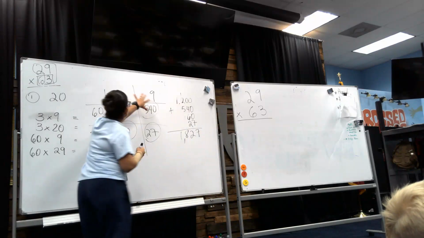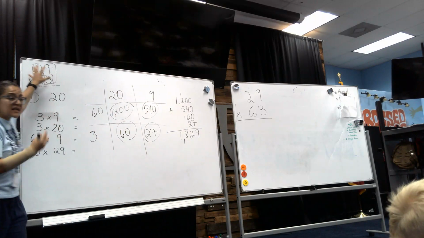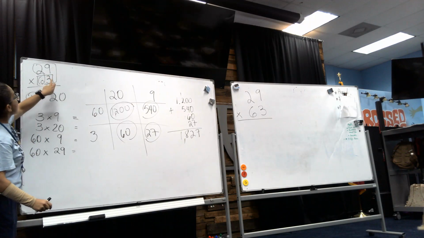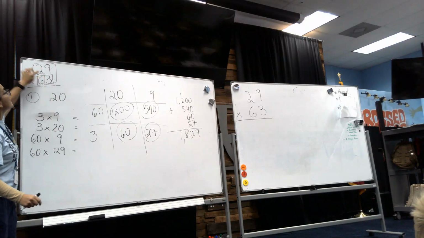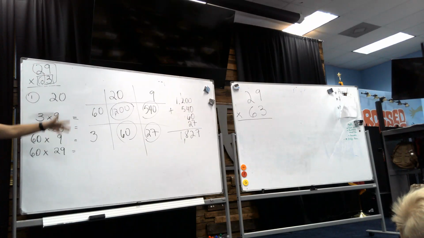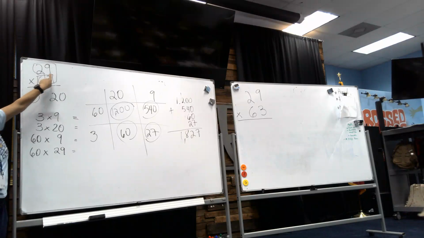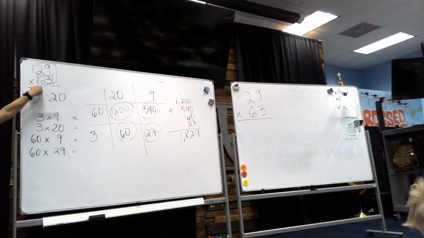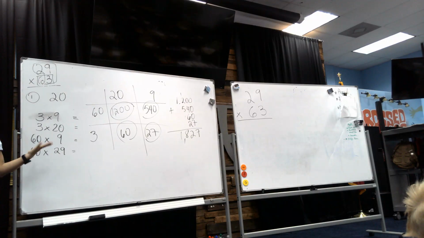If you understand this, whenever you see this, that's what's happening all along, right? You have to multiply the 3 times the 9 and the 3 times the 20 because this 2 is an actual 20. Yes, Ryan? Okay, and then you have to multiply the 60 times the 9 and the 60 times the 20 because this is a 60, this is not a 6. Is this clear? Yes, ma'am. Yes? Okay.